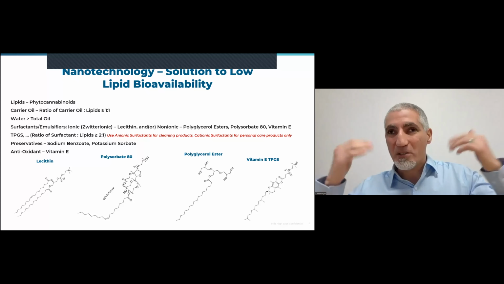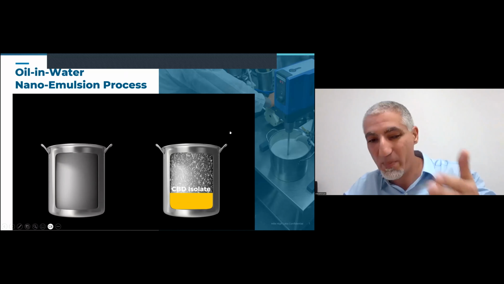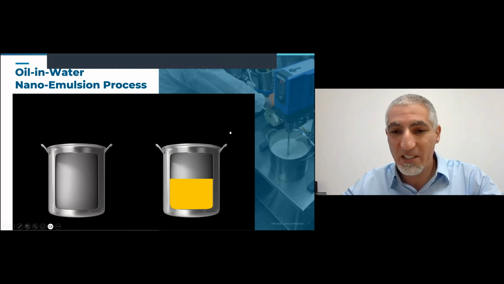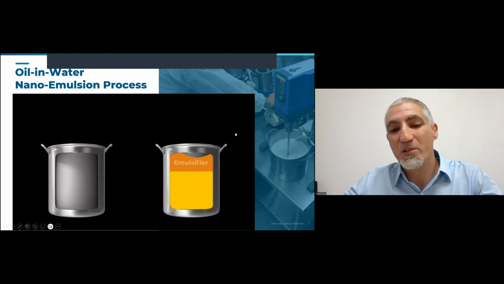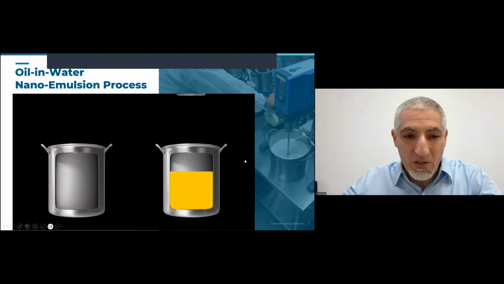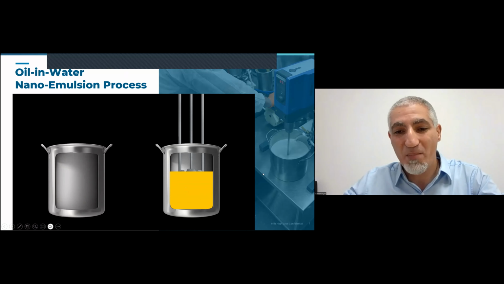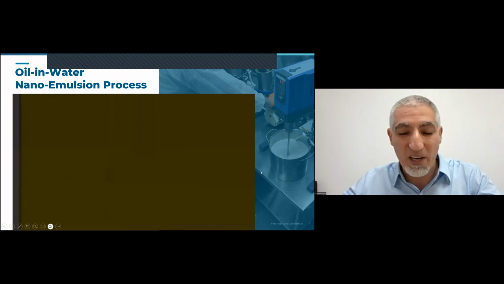So moving forward, let's talk about how we make nanoemulsions. So we have water phase and we have oil phase. The oil phase is composed of carrier oil, your lipid, in this case CBD isolate, and oil and water emulsifier. So this system gets emulsified by the rotor stator emulsifier.